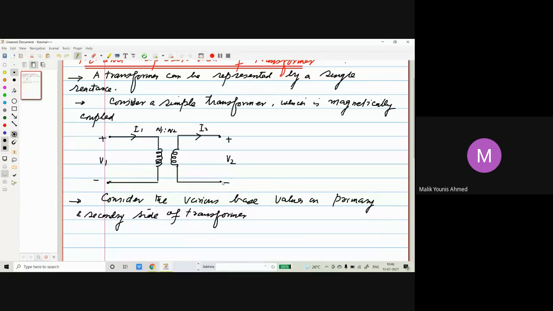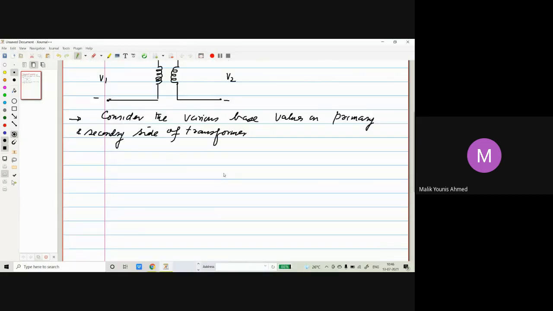Let's consider primary and secondary bases. On the primary side we have V1B and on the secondary side V2B. Primary side current I1B, secondary side I2B. Z1B and Z2B are the impedances on the primary and secondary side.